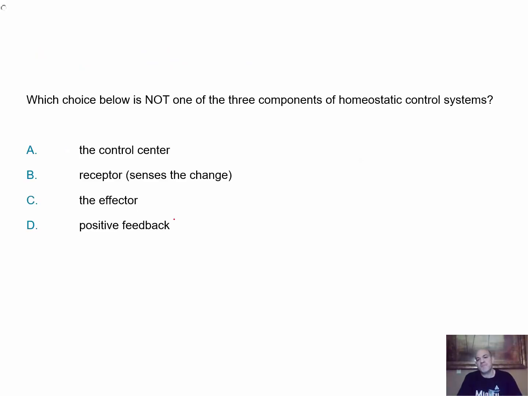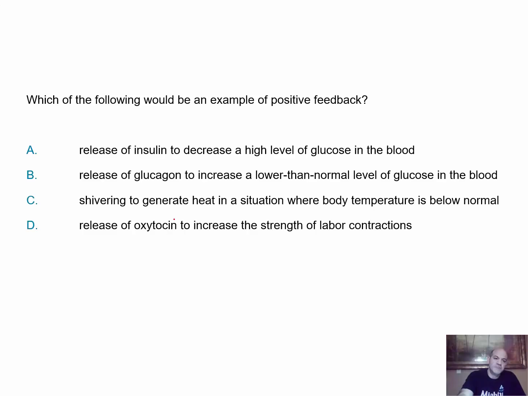So this is the end of this section, and here's a multiple choice question to consider. It says, which choice below is not one of the three components of a homeostatic control system? Is it A, the control center, B, the receptor, C, the effector, or D, positive feedback? Next question, which of the following would be an example of positive feedback? Is it A, release of insulin to decrease high level of glucose in the blood?